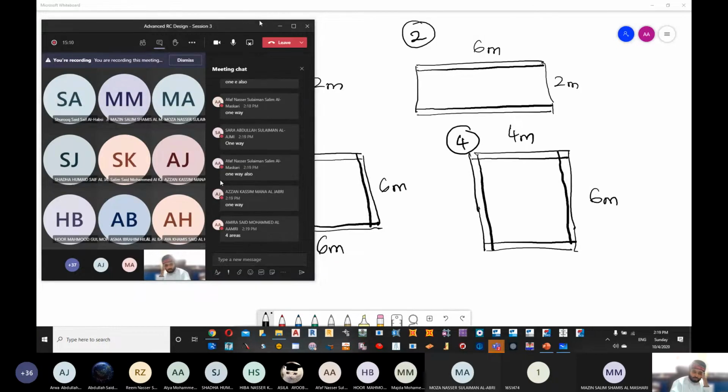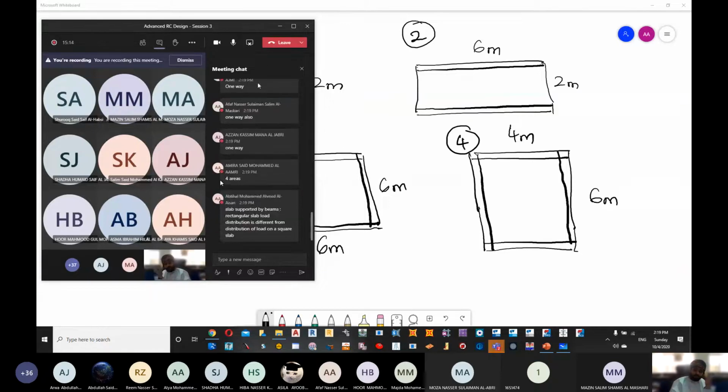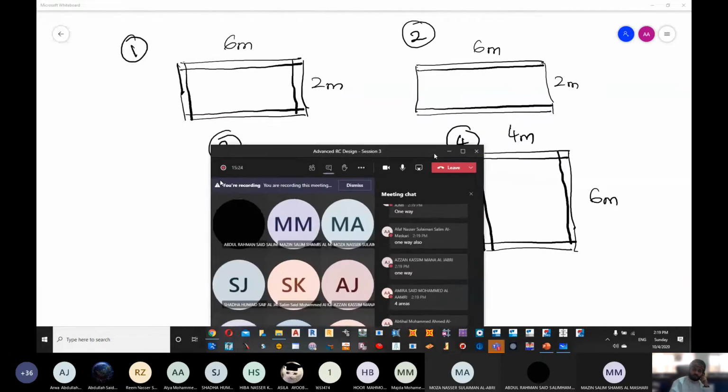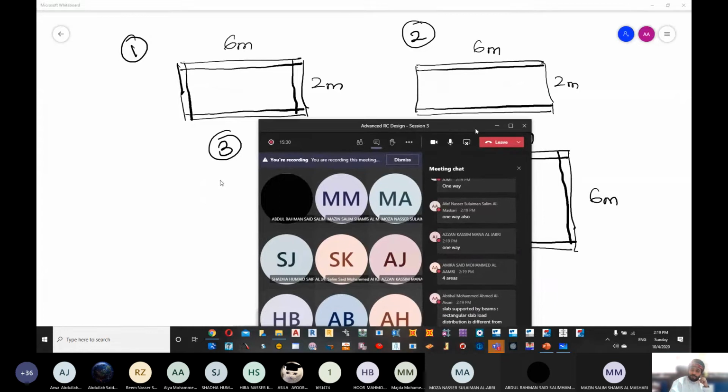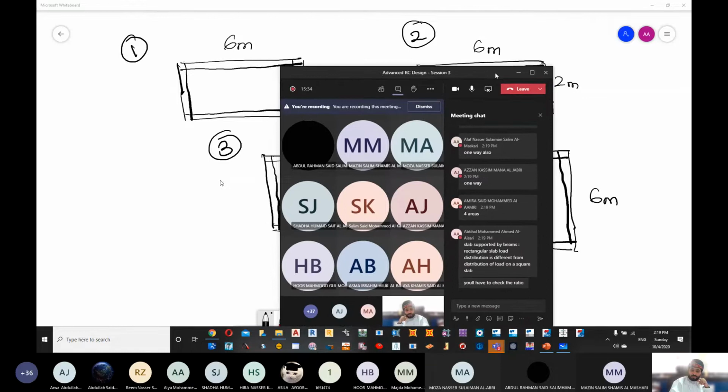A lot of you have said that it is related to one way and two way. Now both of them, case number 1 and case number 2, are one-way slabs. Are they going to have different yield lines or similar yield lines? What do you think?